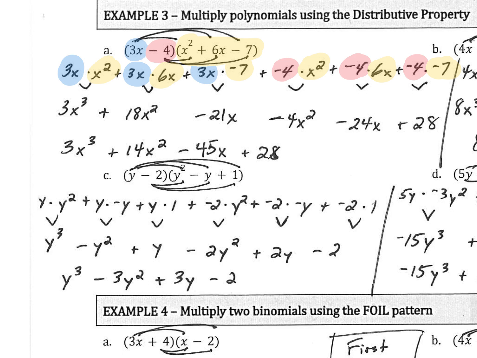Now we just need to do the multiplication. Each one's separated by a plus sign. 3x times x squared becomes 3x cubed because we multiply the big numbers in front, we add the exponents. 3x times 6x is 18x squared, and 3x times negative 7 is negative 21x.